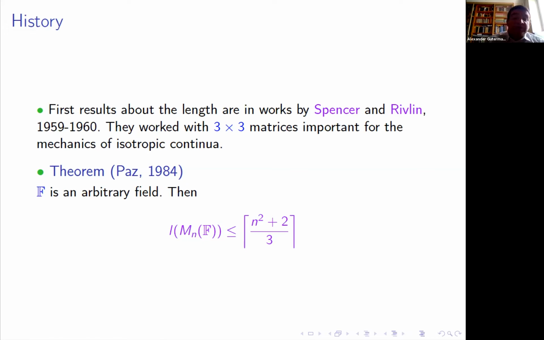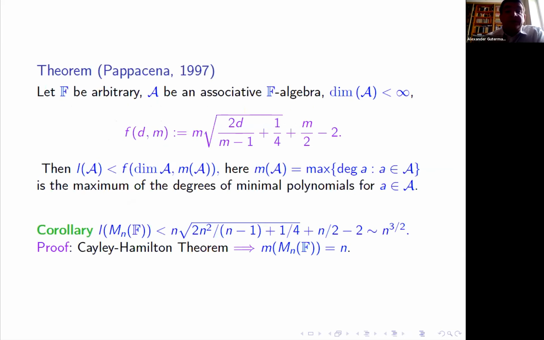Later on, it was Azaria Paz in 1984 who proved the first bound here, the quadratic bound on the length of matrices. After that, Christopher Papachena in 1997, using already 2 parameters, the dimension of the algebra, which is already finite, and the maximal degree of minimal polynomials.